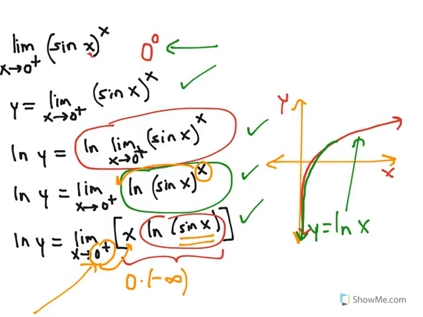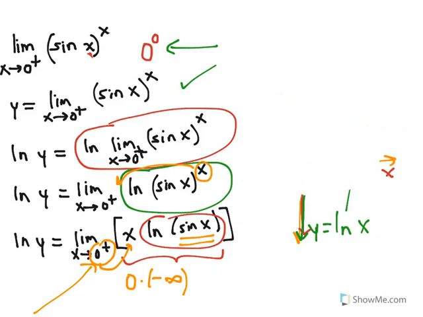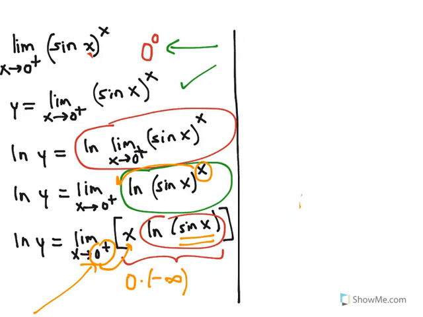All right, so let's continue where we left off, and we're going to go ahead and rewrite the right side of that equation. So I'm going to put a vertical bar here. Now we're going to continue. We have the natural log of y is equal to the limit as x approaches 0 from the right.